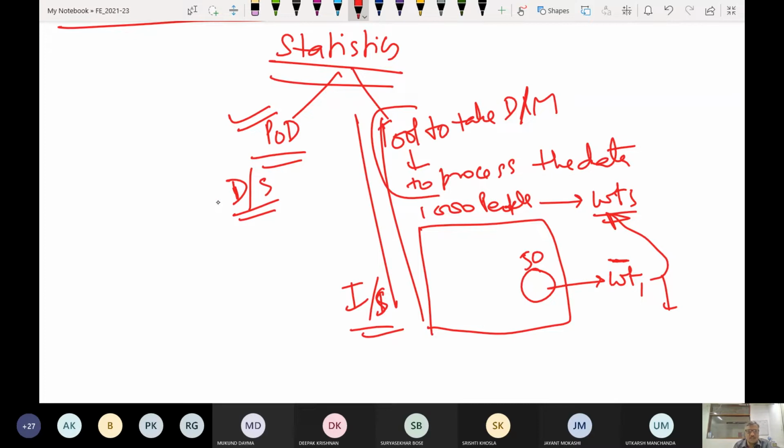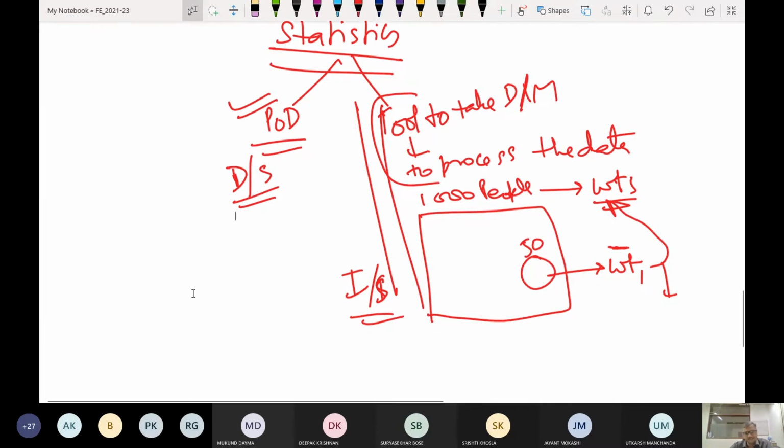So statistics is not only description of the variables or information, but also inferential, where we draw conclusions and inferences not from the whole data, not from the census, but from the sample. These are the two broad divisions of statistics.